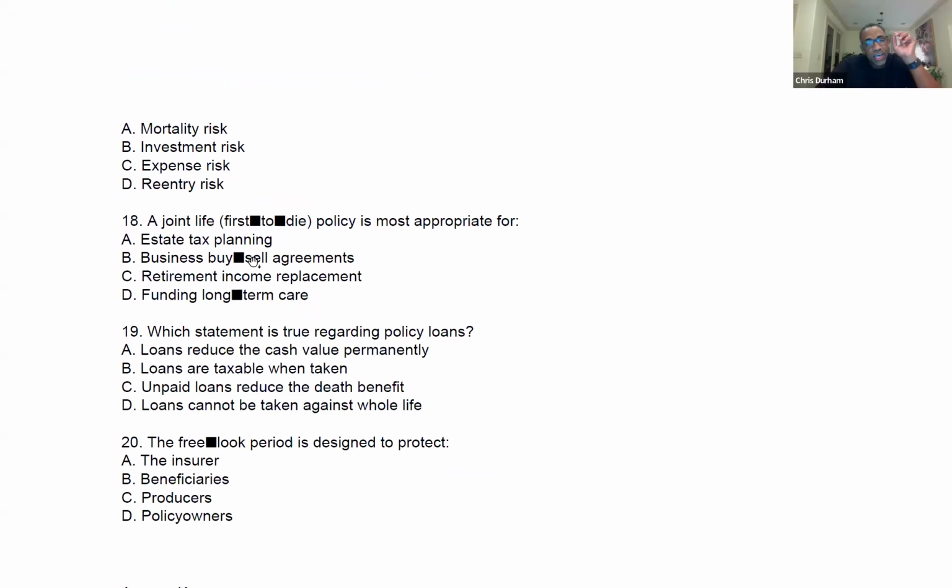All right, next. A joint life first to die policy is most appropriate for A. Estate tax planning, B. Business buy and sell agreements, C. Retirement income replacement, and D. Funding long term care.